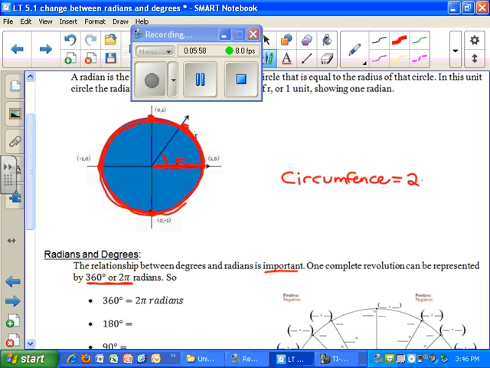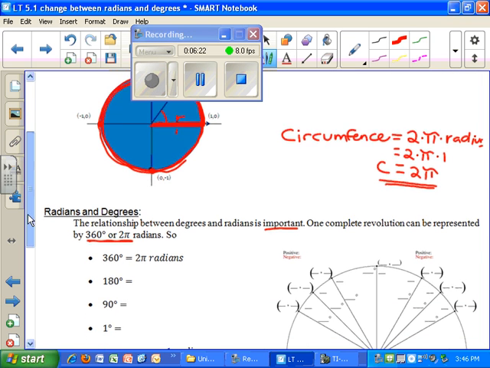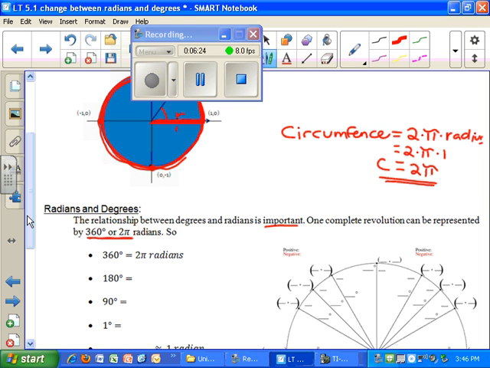Well, the circumference is 2 times pi times the radius. And so if we're going to use this unit circle and say that that radius is 1 unit, then we can say that the circumference is 2 times pi times 1, or that that circumference is 2 pi. And so that's where they're getting the fact that the circumference, 1 full revolution, is 2 pi. And so 2 pi becomes equivalent to 360. And so that's what we've got right there.